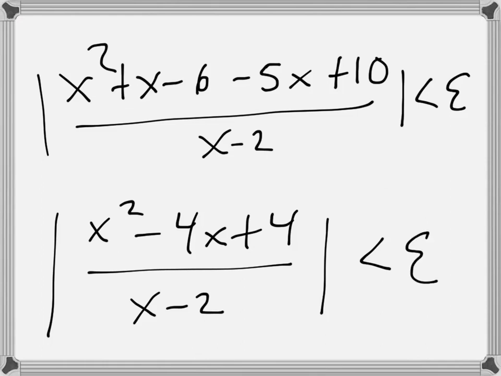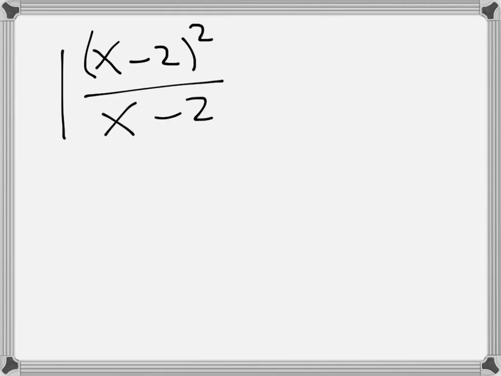And really, I need to get rid of that denominator because I want the expression to look like just x minus 2 without a denominator. Fortunately, now I can see that the numerator will factor. That numerator factors as x minus 2 squared, and then I've got x minus 2 in the denominator, and that's all less than epsilon.